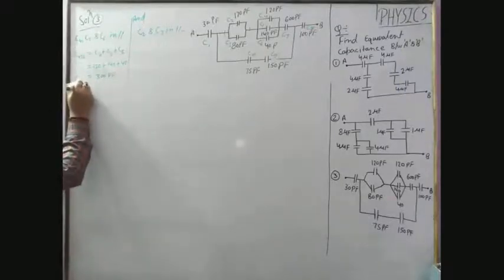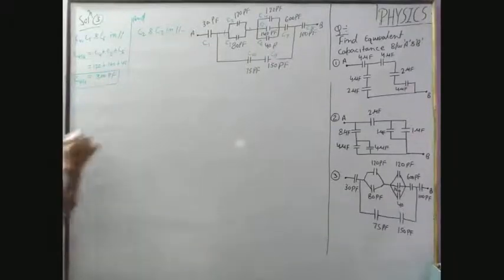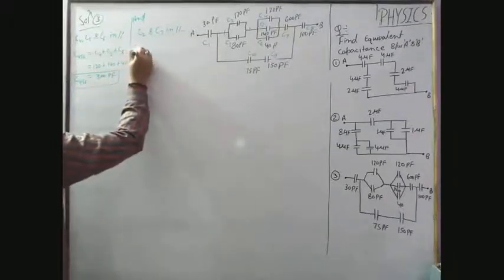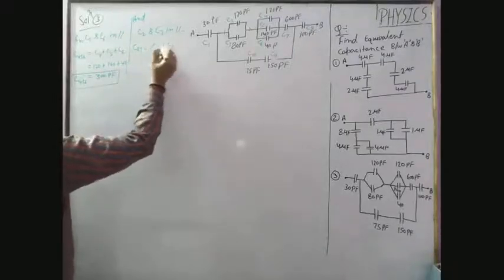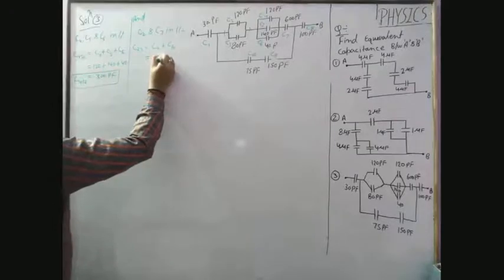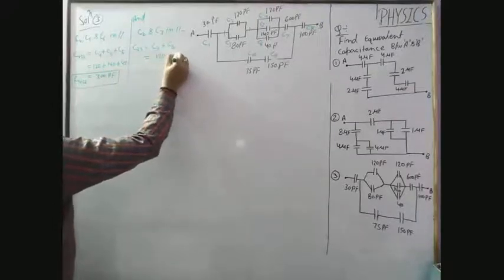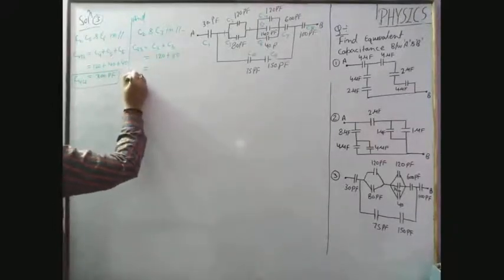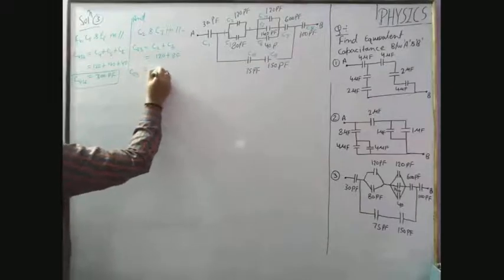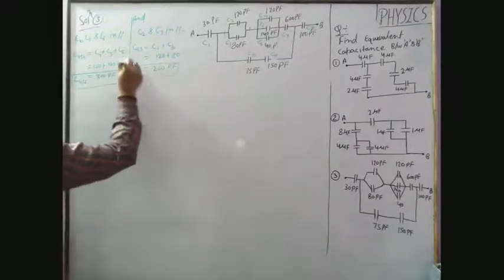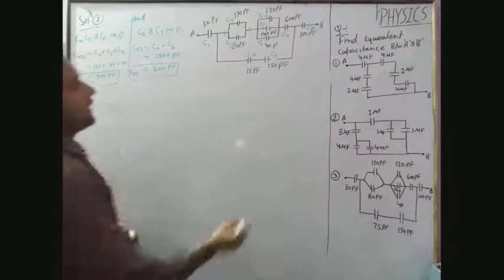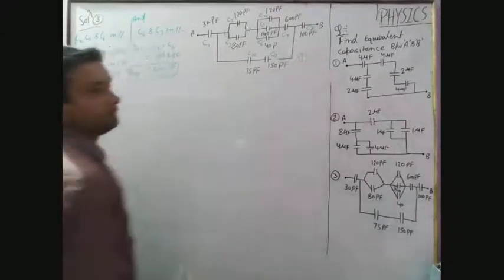This is C4, 5 and 6. Okay, and here C23 is C2 plus C3, which is 120 plus 80. This we get, C23 is 200 picofarad. Okay, this is according to figure 1.